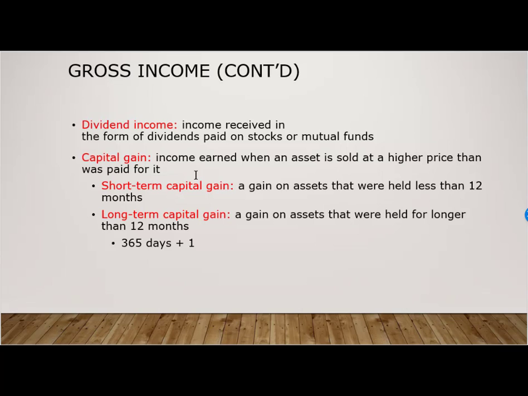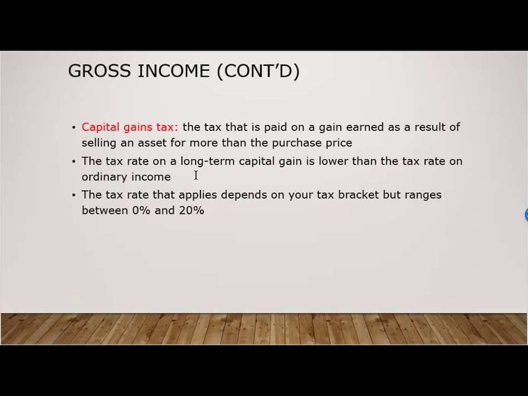The difference between the two is taxation. Short-term capital gains are taxed at your personal tax rate. As you'll see a little bit later, that could be relatively high for individuals. Long-term capital gains are capped at 20%. Long-term gains are, again, taxed much lower than ordinary income, and again, it's between 0 and 20% depending on your income.